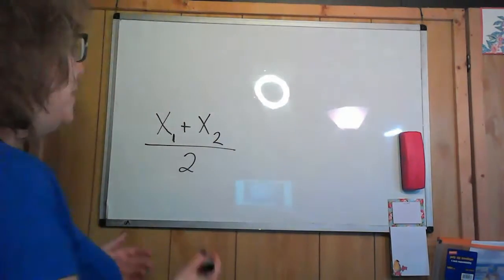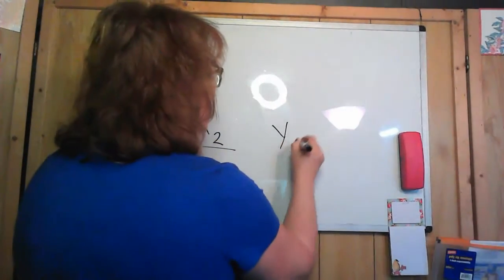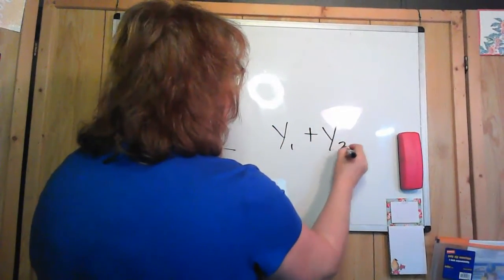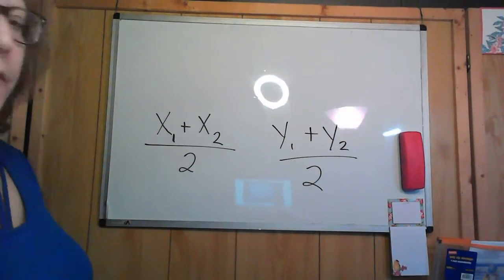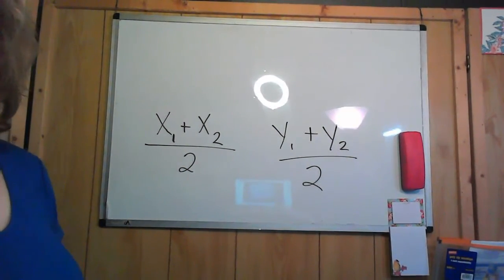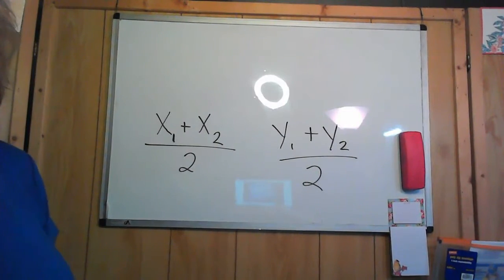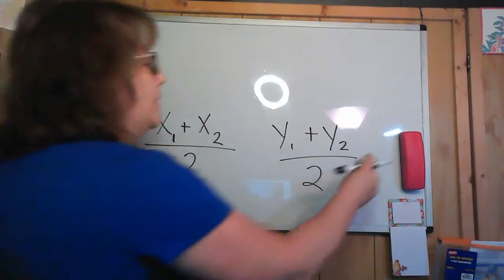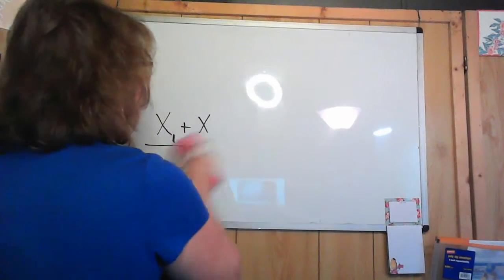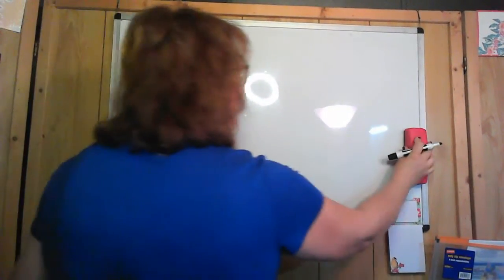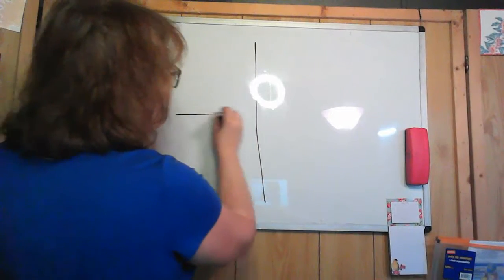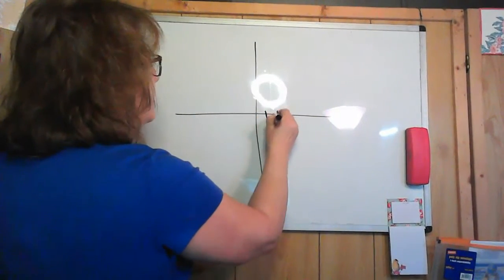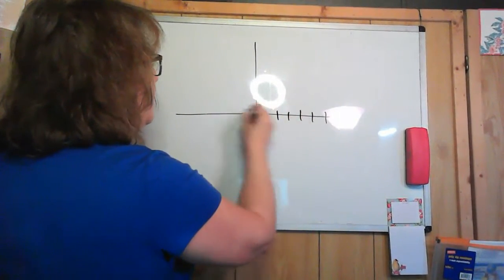Same thing if you have the y's. It's y sub 1 plus y sub 2 over 2. Now I want you to get your eyes off the confusing little diagram that they have, and hop down to example number 4, where they actually show us a real life problem. So I am going to do an example here.